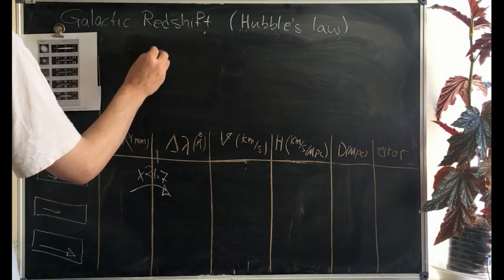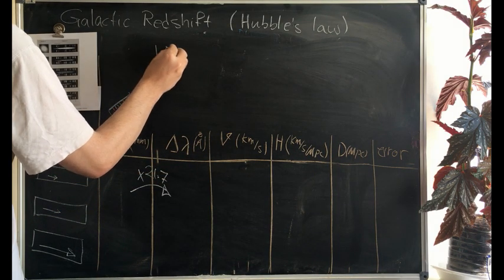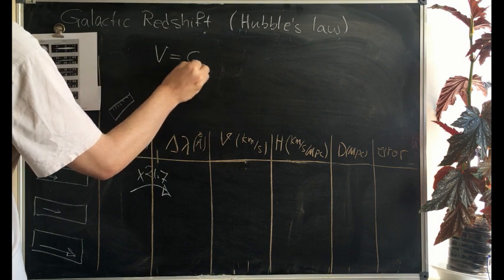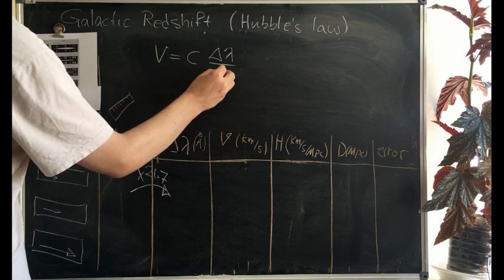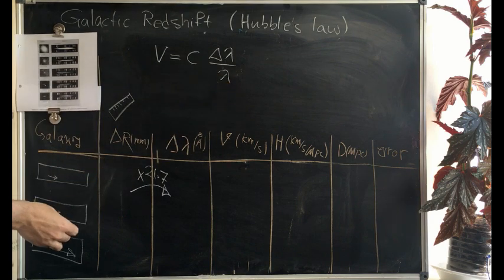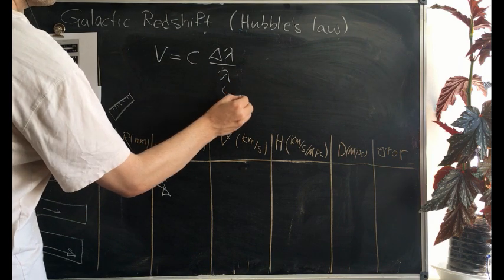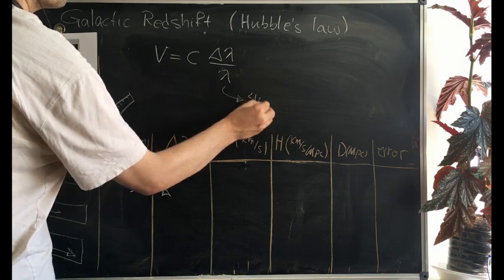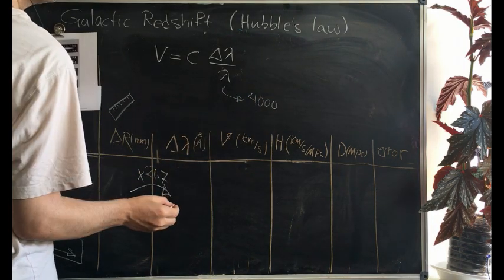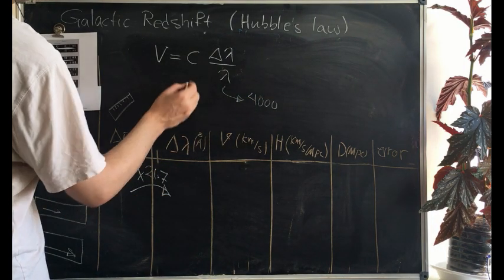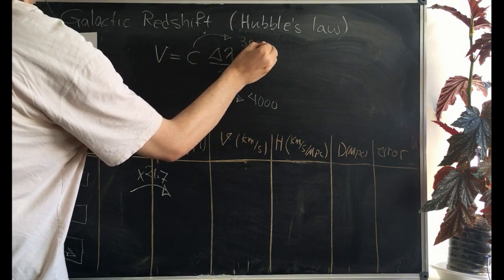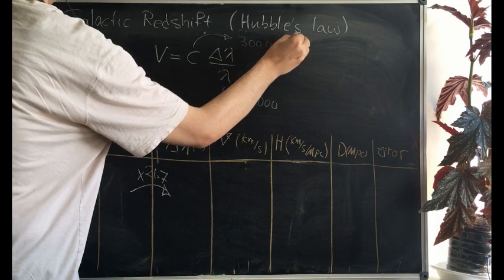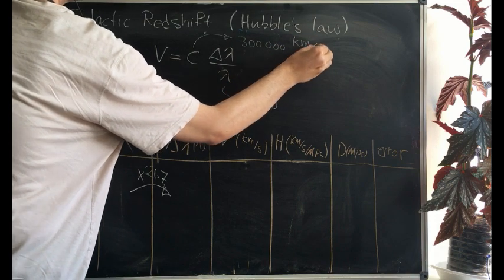Now you have delta lambda, and you can use the Doppler shift for velocity. v is equal to c times delta lambda divided by lambda. In this case, lambda is a constant number, 4,000 angstrom. c is the speed of light, 300,000 kilometers per second.